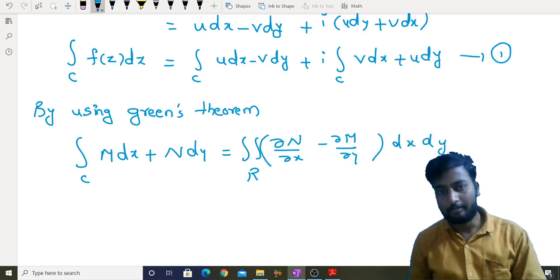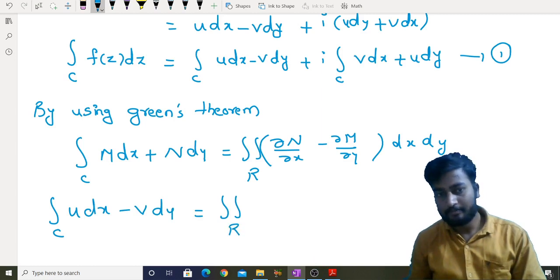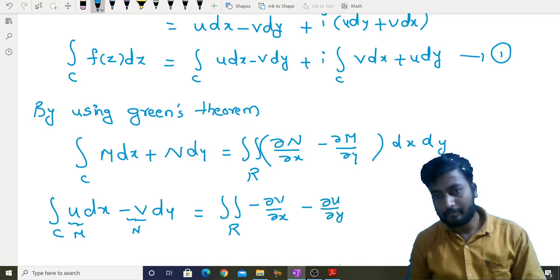Now we apply it to these two. The integral over C of u dx minus v dy: treat the first as m and the second as n. So dou n by dou x means minus dou v by dou x, and minus dou m by dou y means minus dou u by dou y, dx dy.